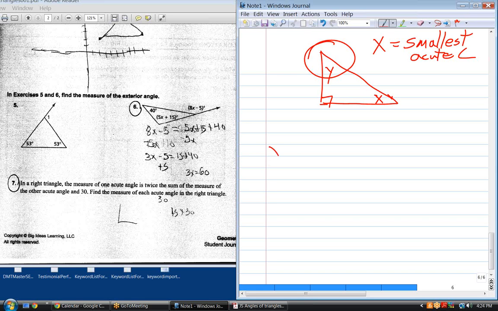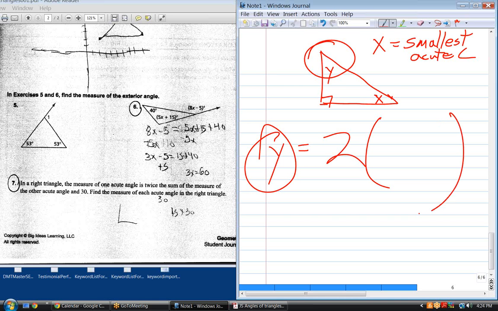One acute angle is twice the sum of the measure of the other angle and 30. So this is the acute angle they're talking about. One acute angle is means equals, twice means 2. What's the sum of the other angle and 30?